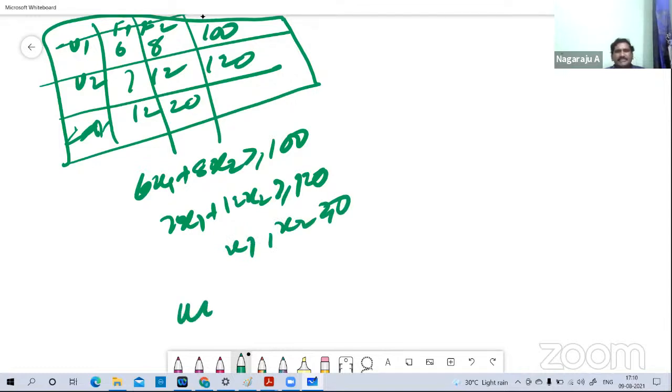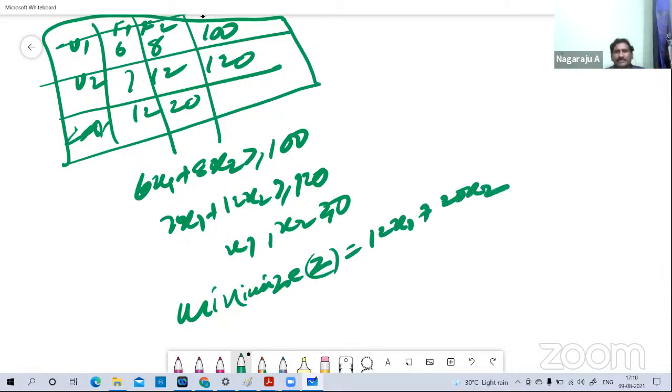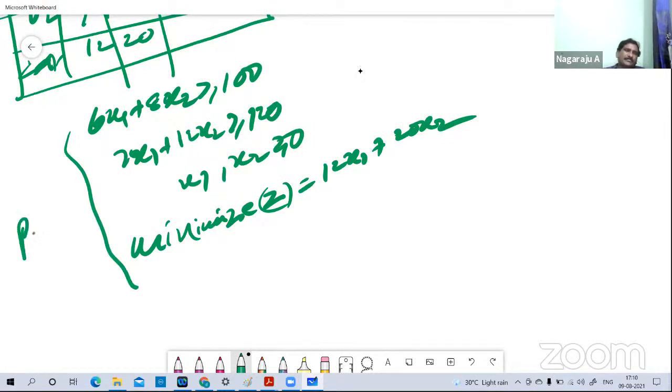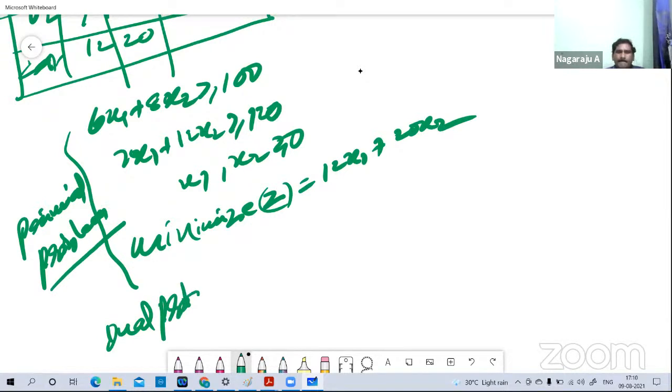And maximization z or minimization z: already the question mentions minimization, z equal to 12x1 plus 20x2. Now this is called a primal problem. Now I want to convert it to the dual problem. Now converting into the dual problem.